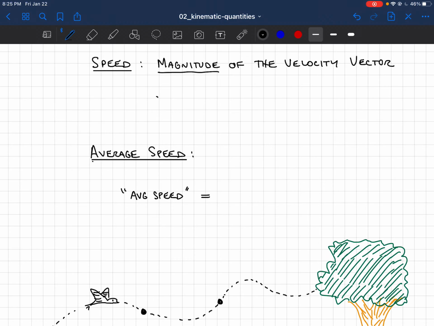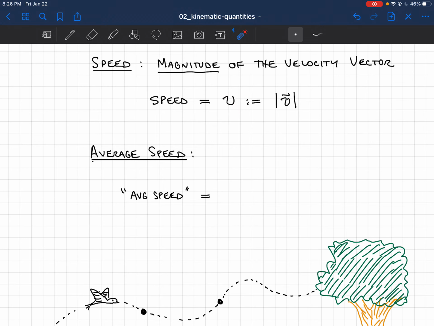So speed, which I could also write as just v, is defined to be the magnitude of the v vector. And we said before that if you want to write the magnitude of a vector, you can write it like this, but you could also just take off the arrow and write it like this.